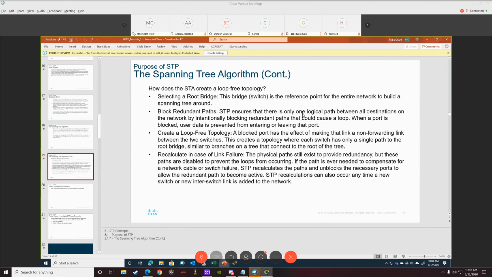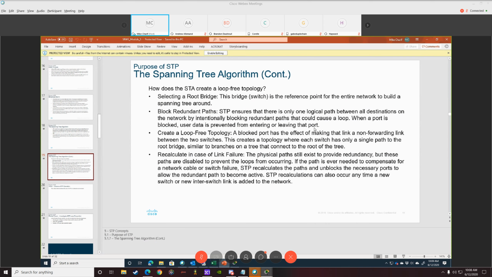So, as we say, there is one logical path between all destinations on the network, by intentionally blocking redundant paths that could cause a loop. When a port is blocked, user data is prevented from entering or leaving the port.